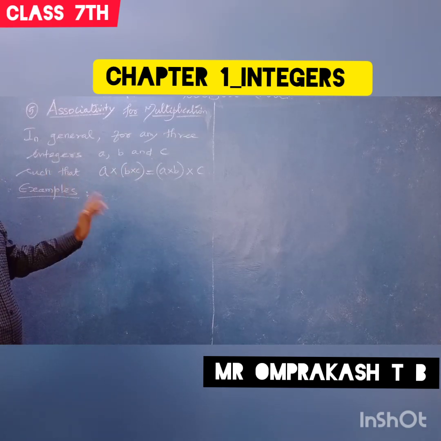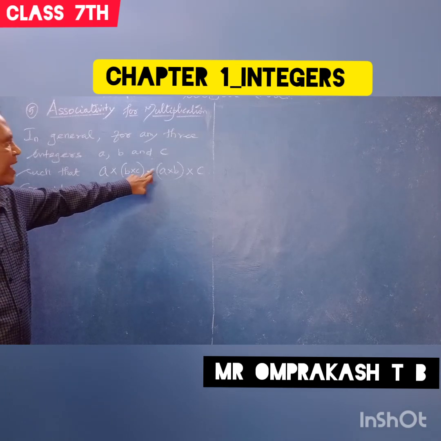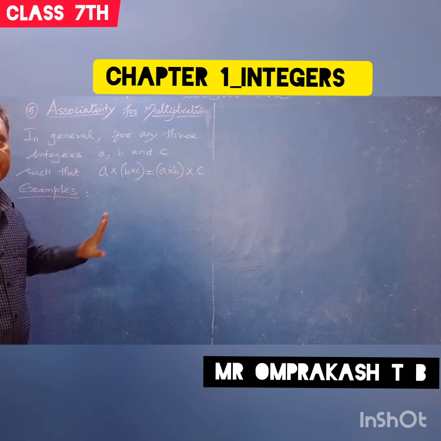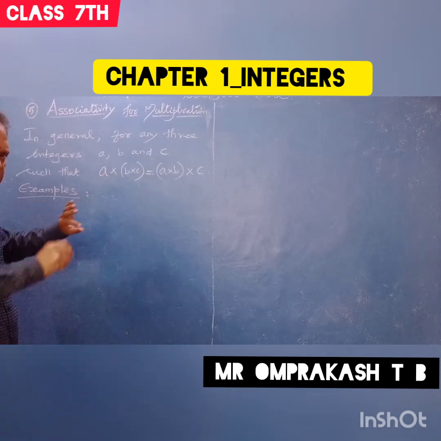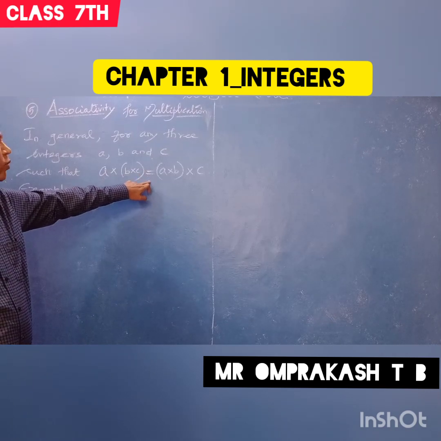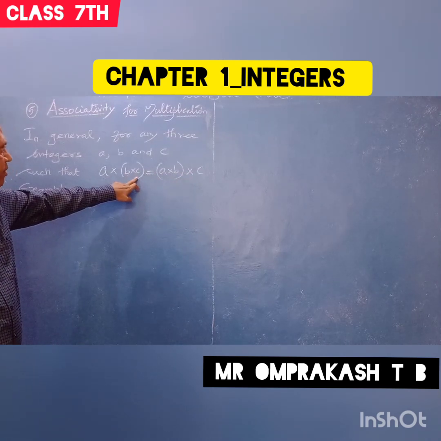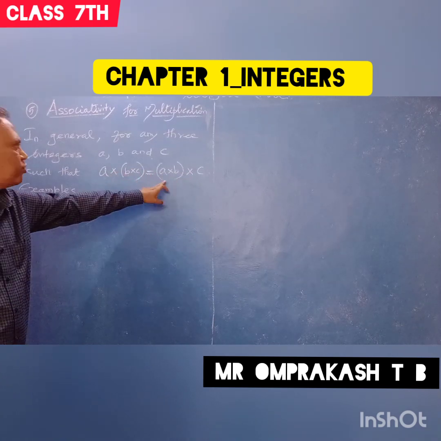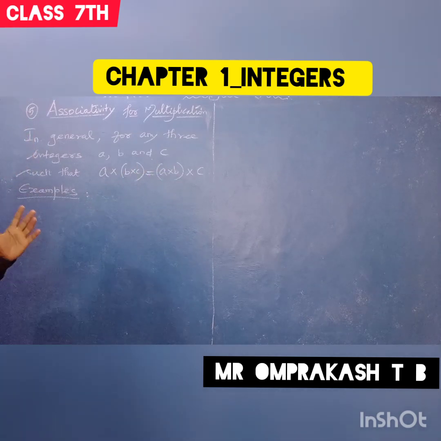You have to catch the rhythm. a into b into c is equal to a into b into c; say the last c separately, and the first a separately. So b into c is in the bracket on one side, and a into b is in the bracket on the other. Clear? So you can easily remember.